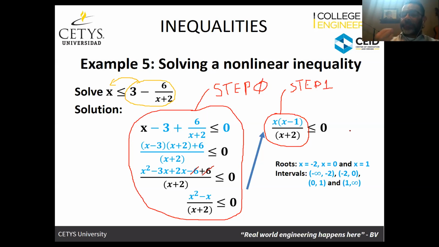They're the values that make it 0. So what makes x 0? 0. What makes x minus 1, 0? 1. And what makes x plus 2, 0? Minus 2. So these are the 3 roots that Enya was talking about, and correct, this is step 2.